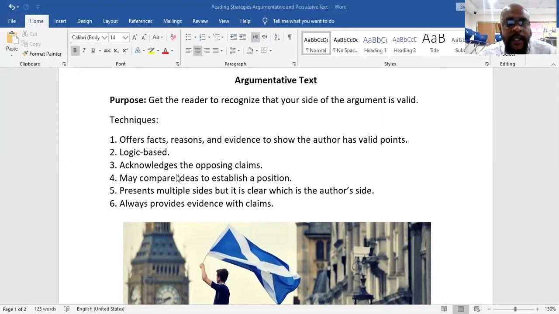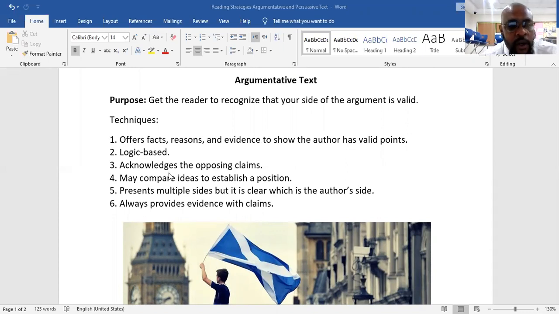The third technique of an argumentative text is that it acknowledges opposing claims. So because you have evidence and because you've done a lot of research, you will obviously come across ideas that disagree with you or that contradict your point, and you want to then show evidence and prove that your reason is actually valid and these are the reasons why.